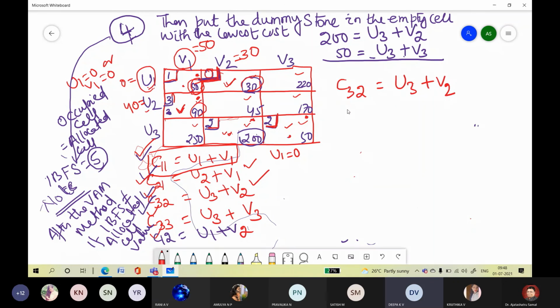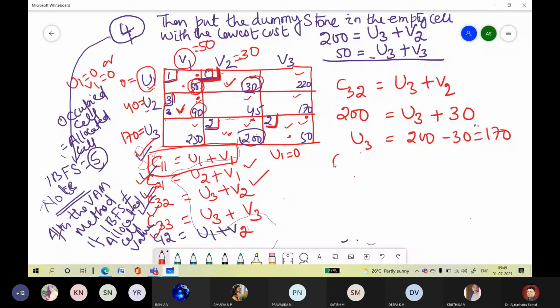Kritika. 200. 200, sir. U3 plus V2, and V2 we got 30. Correct? So what will be U3? 200 minus 30, that is 170. Correct? So U3 equal to 170. So 170 I got.